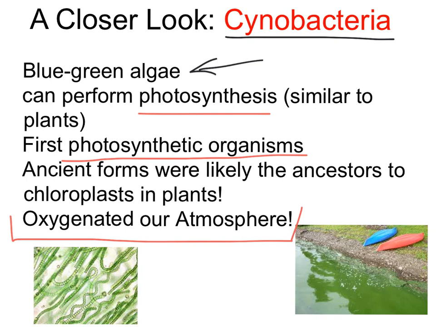But Earth's atmosphere didn't always contain those levels. There used to be way more carbon dioxide and little to no oxygen. Cyanobacteria were really important in putting more oxygen into our atmosphere. Without them, things would look pretty different.